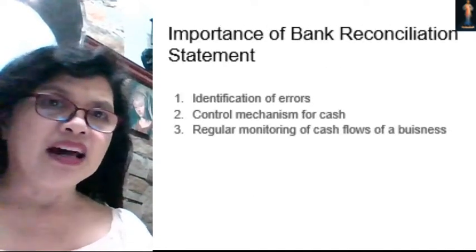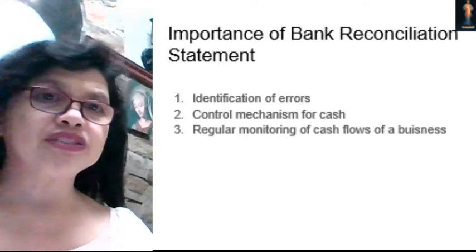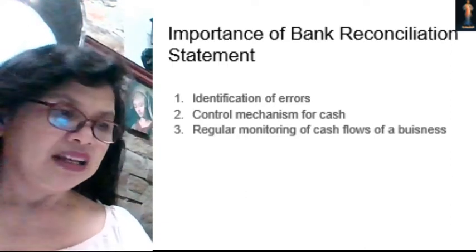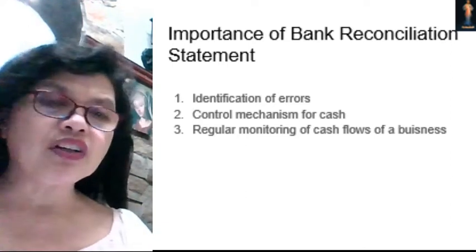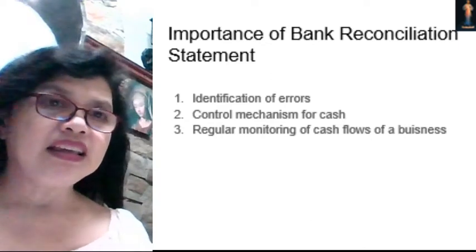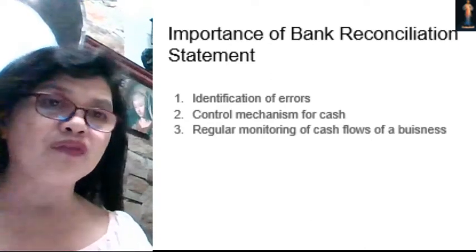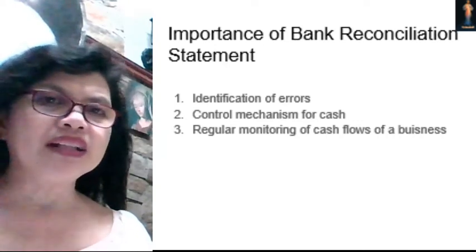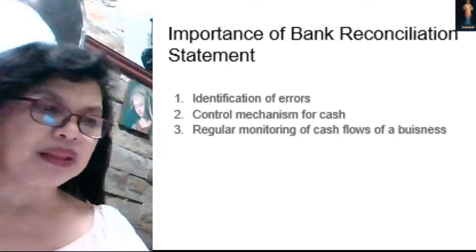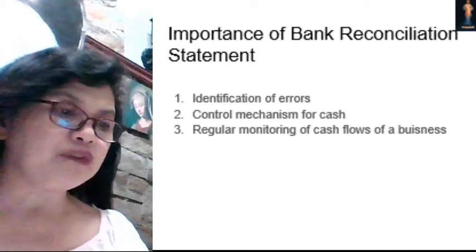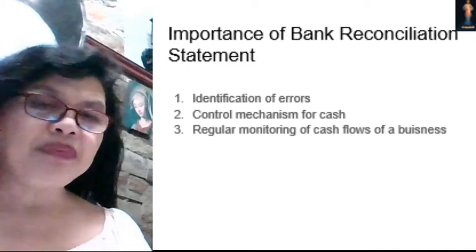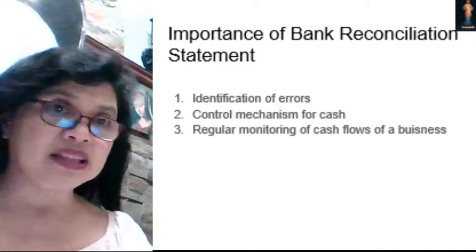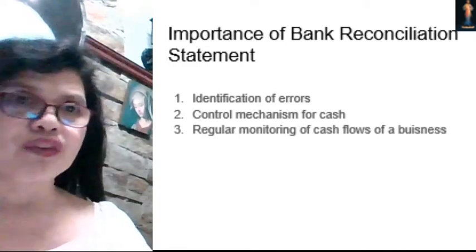And then we will identify what type of errors were committed so we can adjust them. Now, what is the importance of the bank reconciliation statement? Okay, the bank reconciliation statement is a vital document of an enterprise, of a business. Why? Number one, it helps us to identify the errors. Maybe the bank may have committed an error or the book may have committed an error.